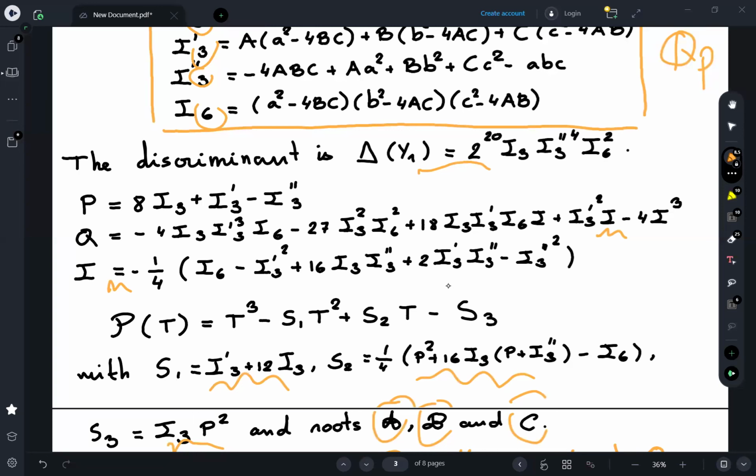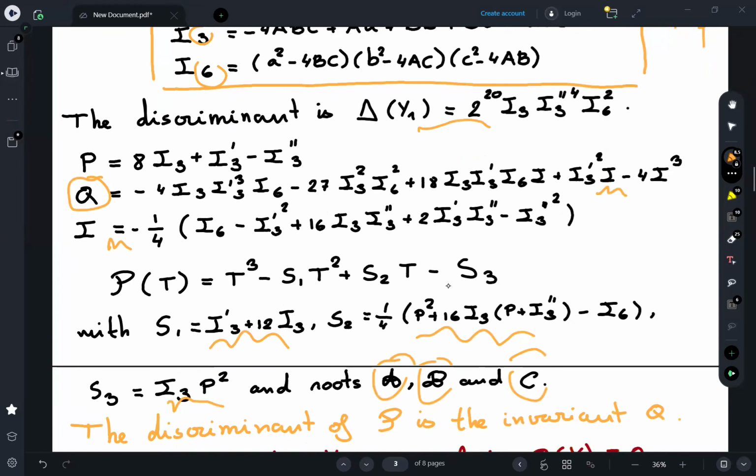But to come back to the invariant Q, we can mention two important properties. The first one is that this invariant Q is the discriminant of the polynomial Gothic P that I defined here. The second property, maybe the most interesting right now, is that it describes when a Ciani plane quartic is special or not.